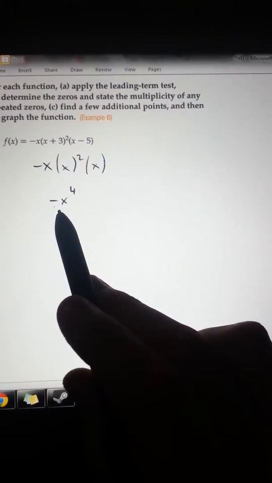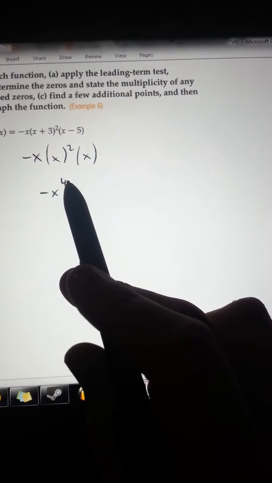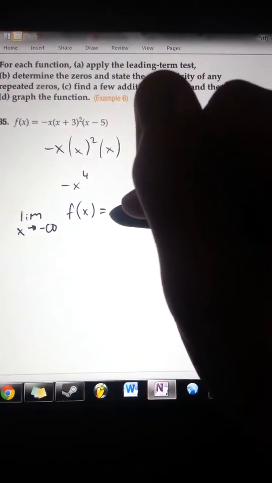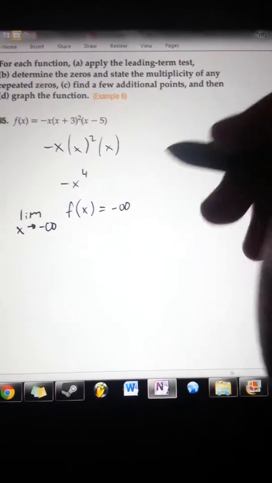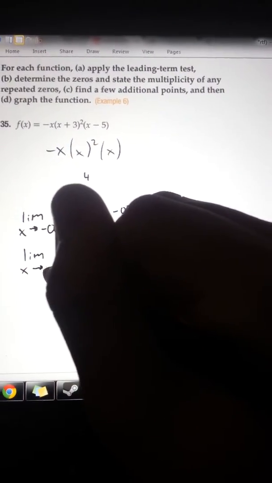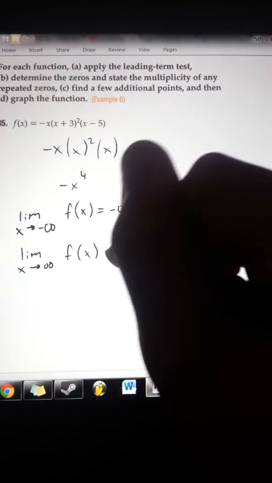And since the leading coefficient is negative, it's negative 1, and the degree is even, as x approaches negative infinity, y also approaches negative infinity. And then as x approaches positive infinity, y approaches negative infinity.